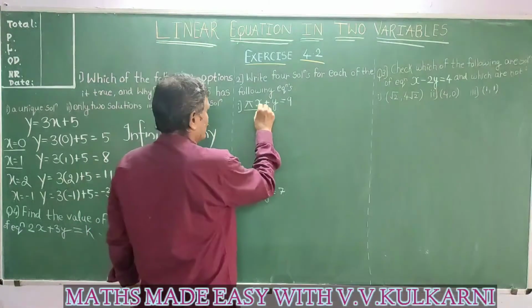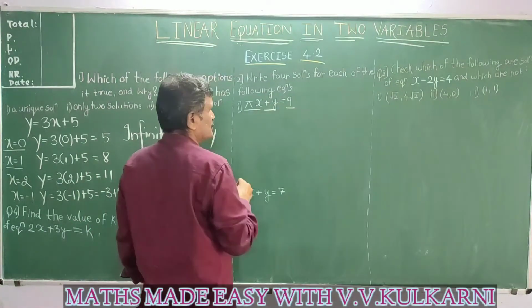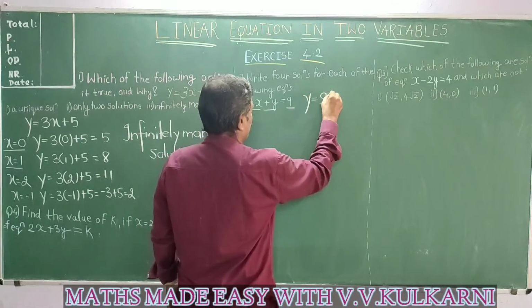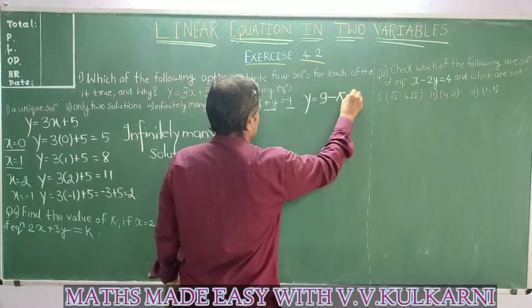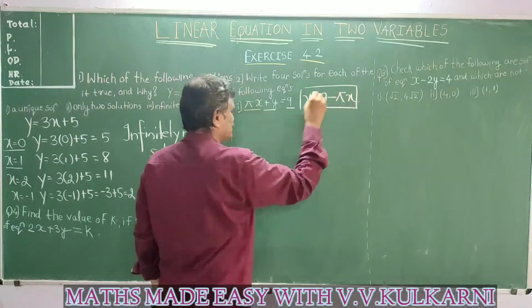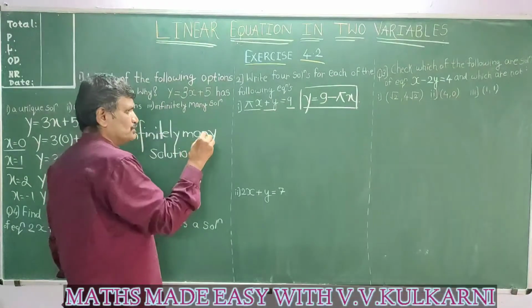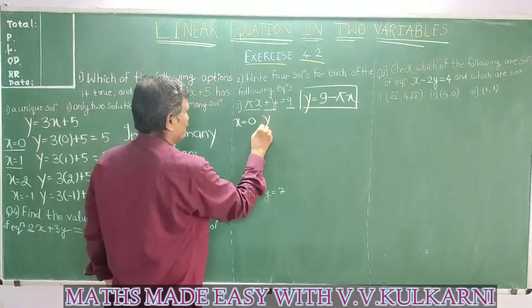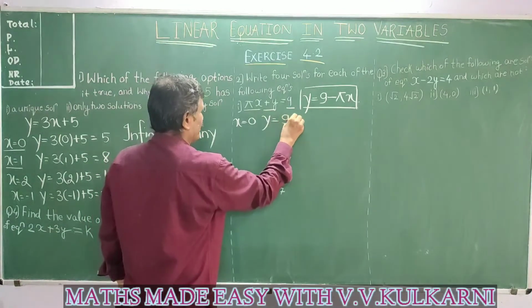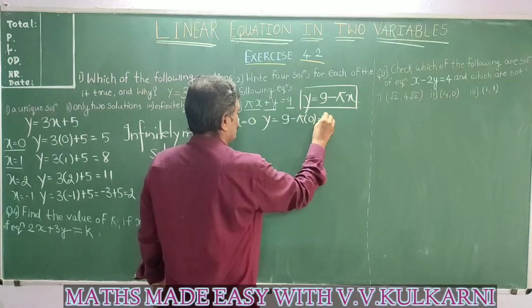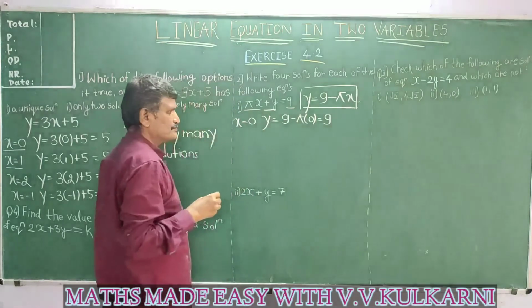See here, for example, pi x plus y is equal to 9. In that case, I can write y = 9 minus pi x. Now I want 4 solutions. Suppose I take x = 0, then y = 9 minus pi into 0, and that is equal to 9.